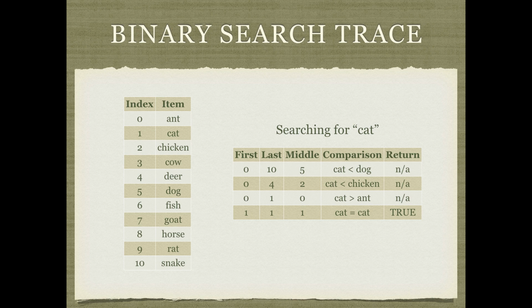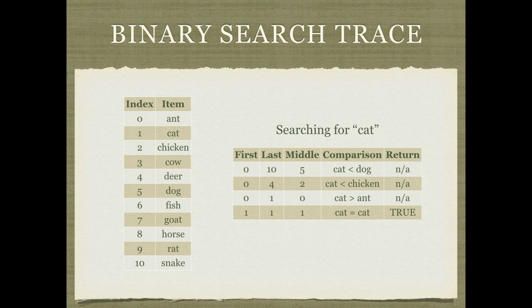So let's say we're searching this list of animal names for the word cat. Notice that the array is sorted alphabetically: ant, cat, chicken, cow, etc., down to snake. The first thing we're going to do is search the whole array, which means that the value of first is 0, the value of last is 10.